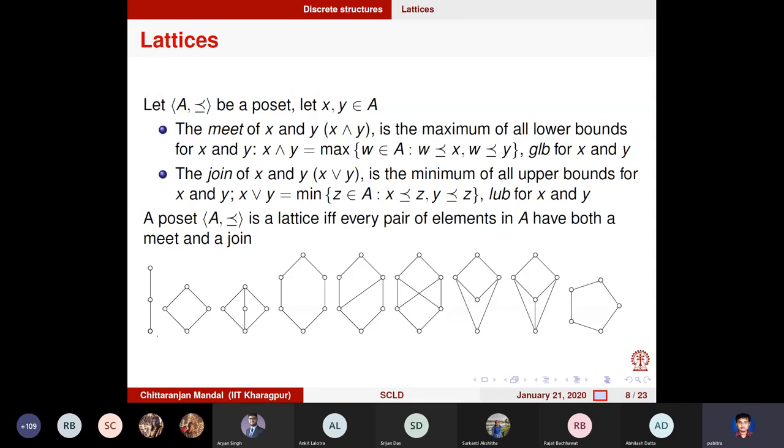You have to identify two elements which do not have either a join or a meet. So are there two elements which do not have a join or a meet? Just think a bit.